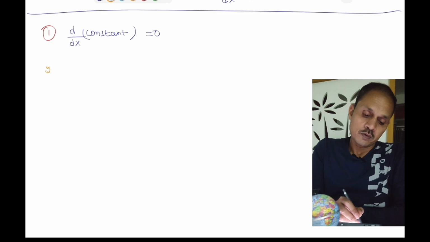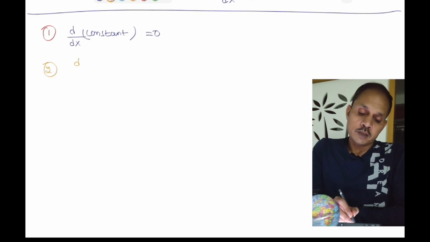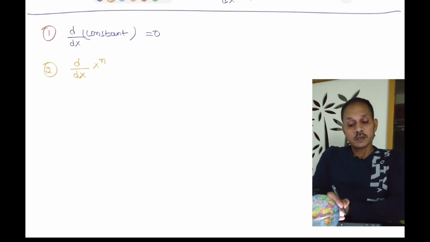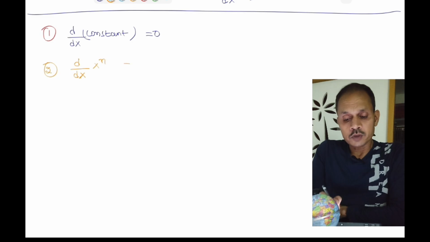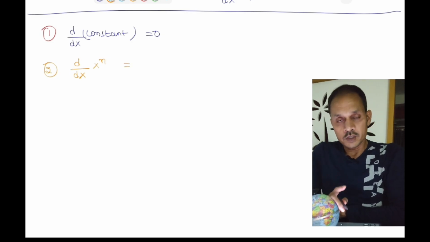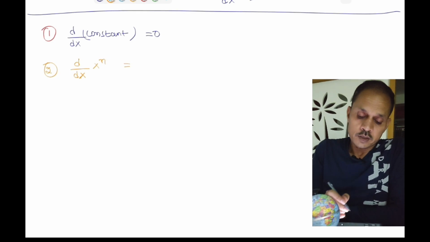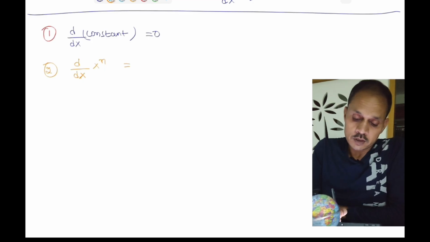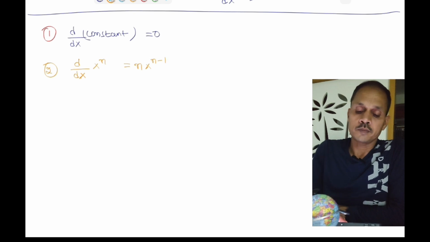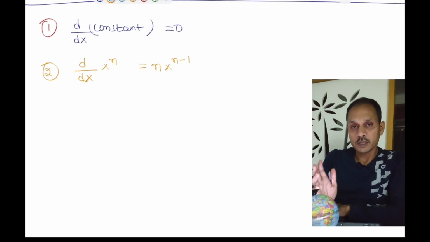Second one, d by dx of x power n. This is the most used equation in differentiation. So d by dx of x power n is n into x power n minus 1, n x power n minus 1.